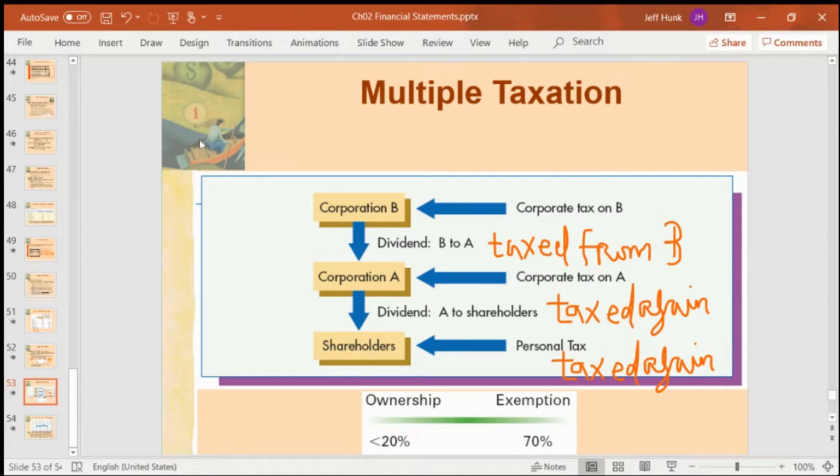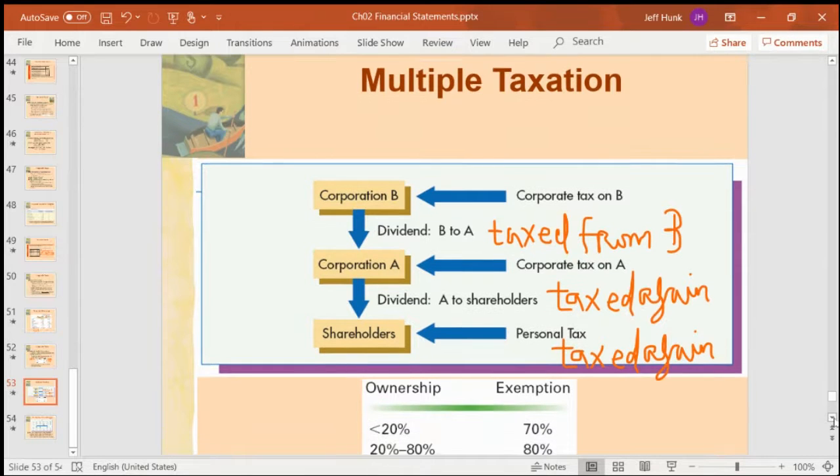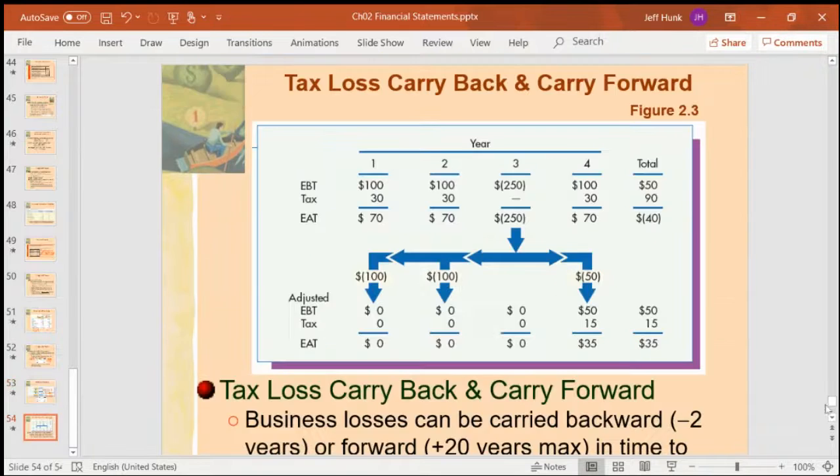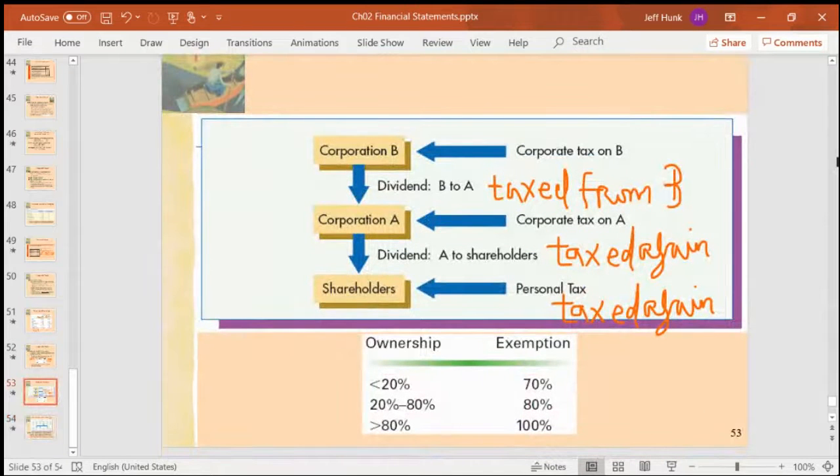So actually, even if, think about it, let's say there is no dividend from corporation B, but purely from corporation A to shareholders, there's already inevitably double taxation, right? So that's why there's a reason for applying a low tax rate on dividend income, because it has been taxed already on multiple levels.